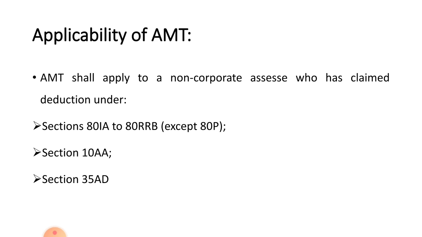We are going to study about section 80IA to 80RRB, section 10AA and section 35AD in the next session. So, I will go in detail in that session about these sections. Okay. Next, deduction under section 35AD, that is 100% deduction is allowed on capital expenditure incurred for specified business like operation of cold chain facility, that is refrigerating and storing and distribution activities relating to temperature controlled supply chain.